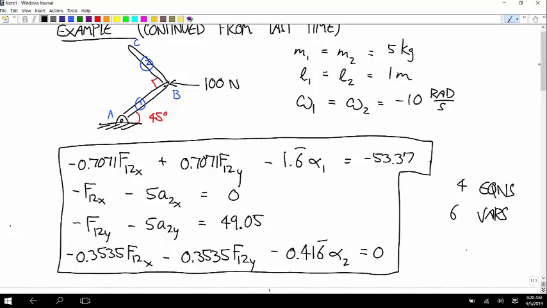That's what it means to be connected by that pin joint. Okay. So first we isolated member 1.